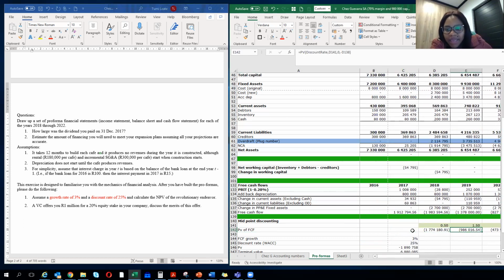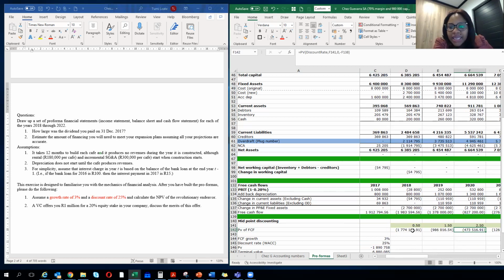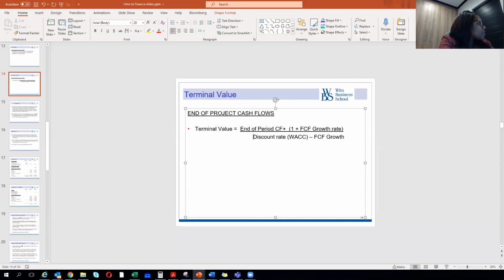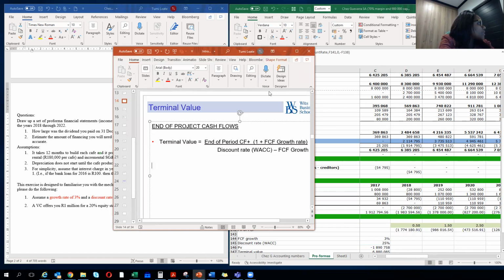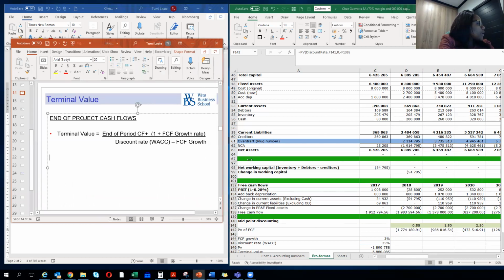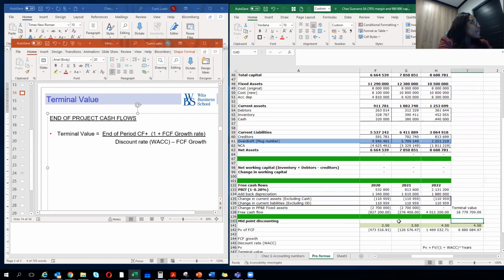The only thing I'm then left to do is calculate that terminal value. I'm going to put the formula here on the left to just show you as a reminder what that calculation is. What is this calculation for this terminal value that I need to bring into account here in my Excel? From the end of period cash flow, I've managed to make 4 million.